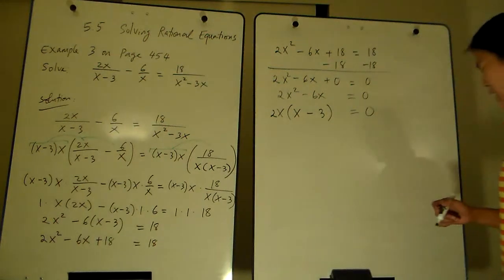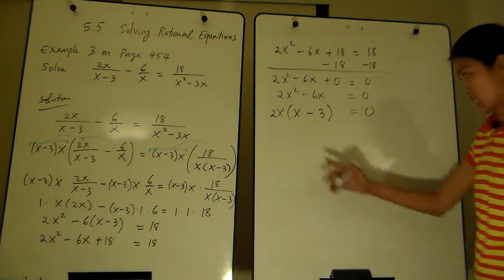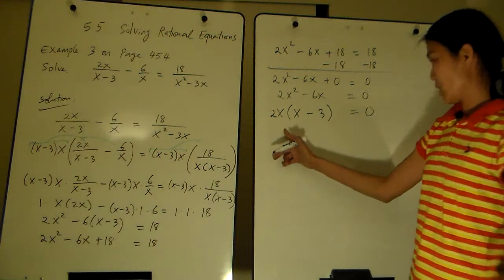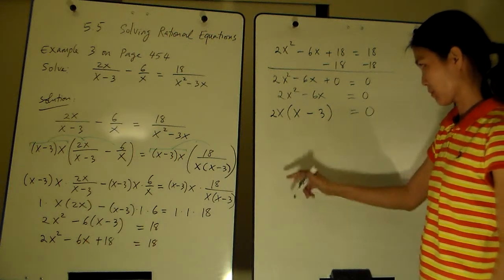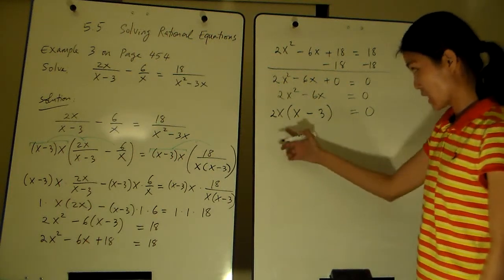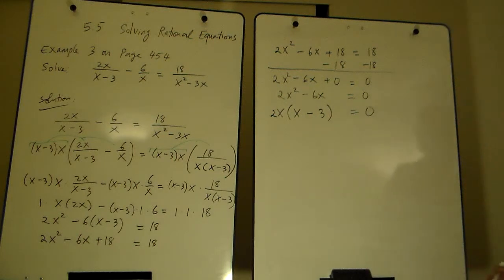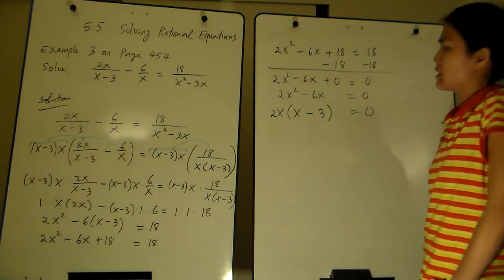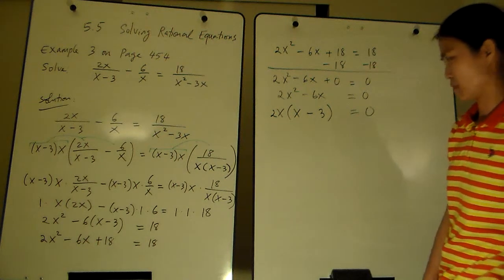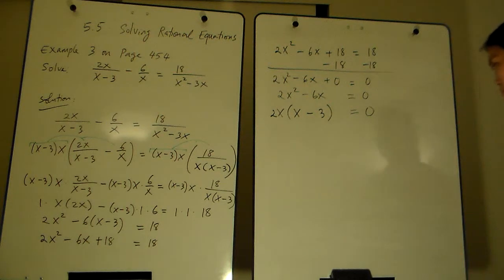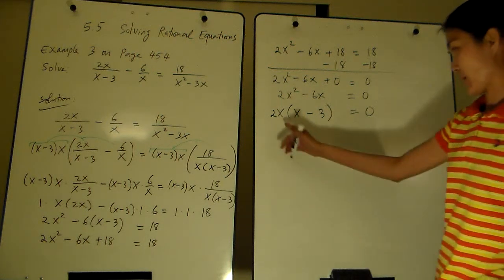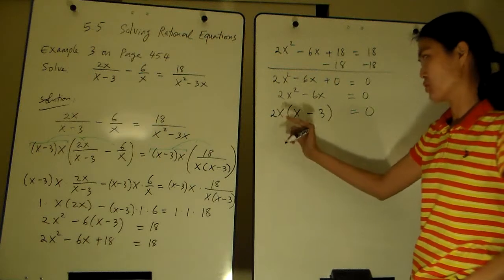So using the principle of zero product, that means either... Now, how about this, before you use the principle of zero product, it looks like you can simplify this coefficient 2 right here.